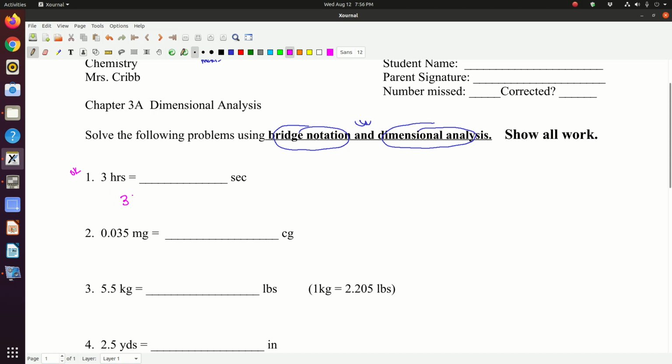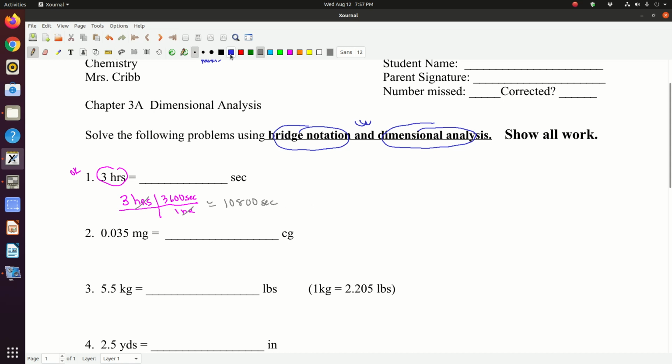You could say 3 hours, because you always start with the number you have. And there are 3,600 seconds in every 1 hour. And you could cancel hours out in the numerator and denominator and multiply it, and you get 10,800 seconds. And that would be a fine answer.